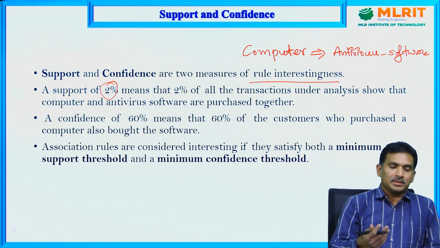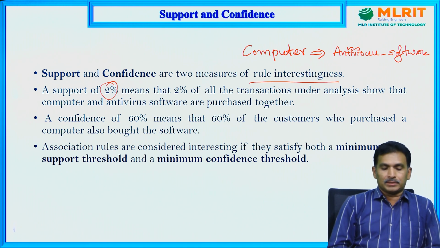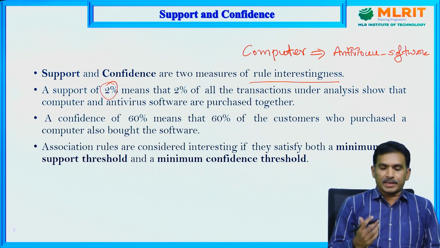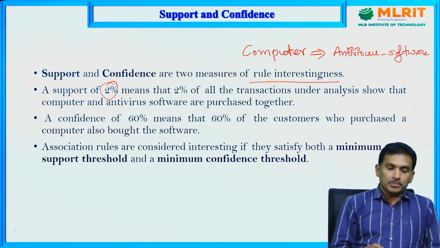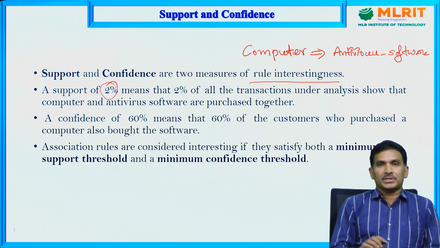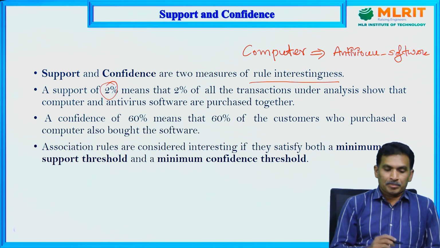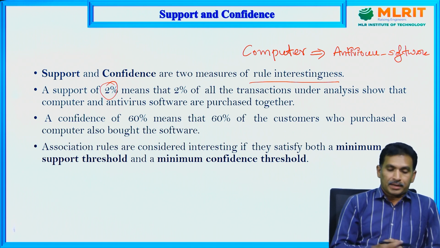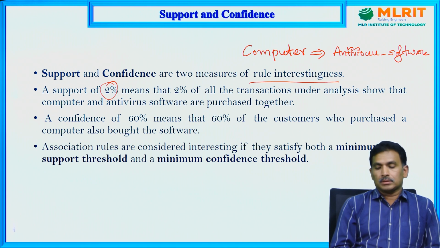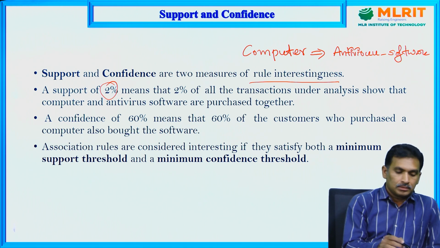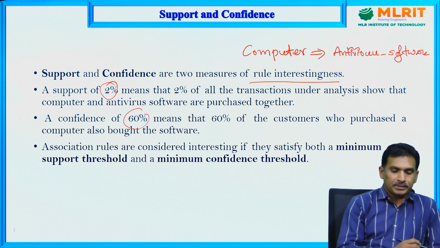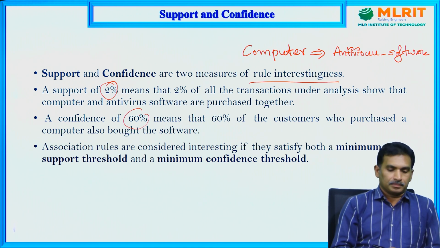So what does it mean? 2% of support means 2% of all the transactions under analysis show that the computer and antivirus software are purchased together. Among the transactions, these two items appeared. And what does 60% confidence mean?